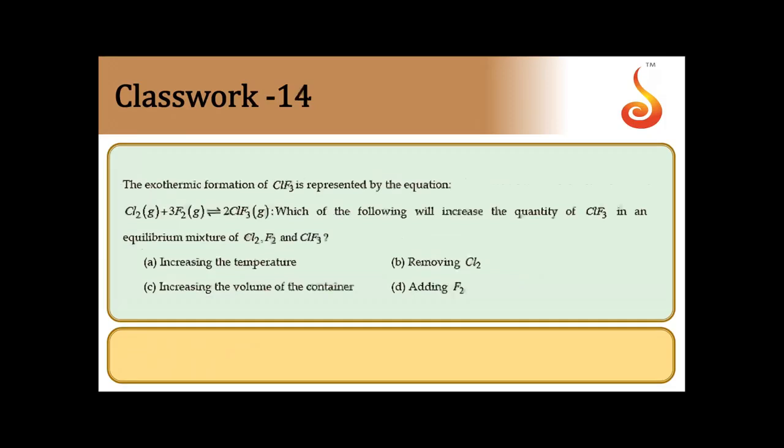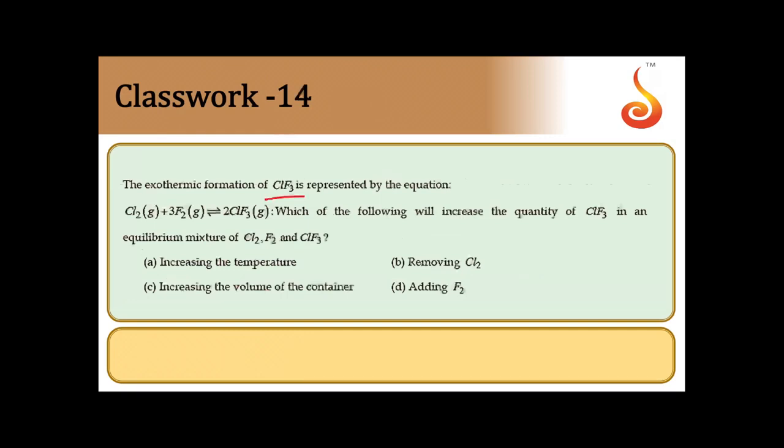Then 14th one. The exothermic formation of ClF3 is represented by the equation Cl2 plus F2 giving rise to ClF3. Which of the following will increase the quantity of ClF3 in the equilibrium mixture? The reaction is exothermic in nature.